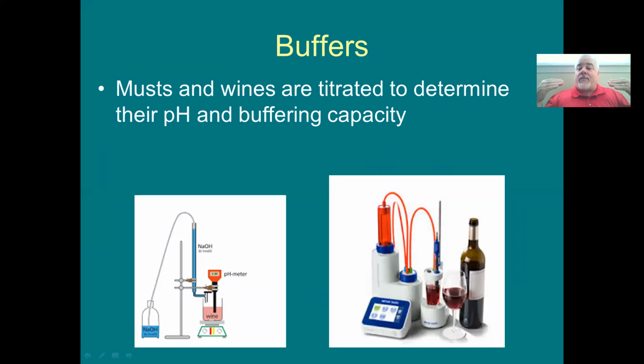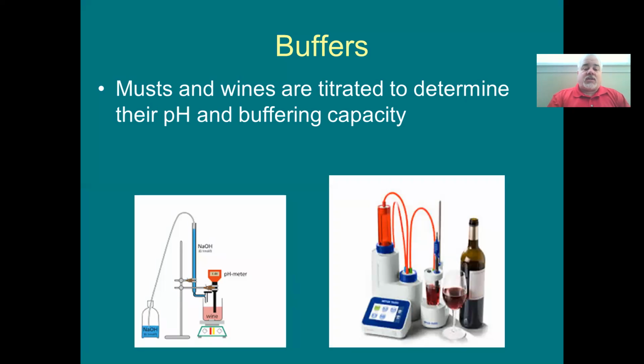The more sodium hydroxide it takes to raise the pH, the stronger the buffering is, or the titratable acidity is in my wine, my TA number. The more sodium hydroxide it takes to run the experiment to increase the pH, the higher the TA, titratable acidity, is in my wine.